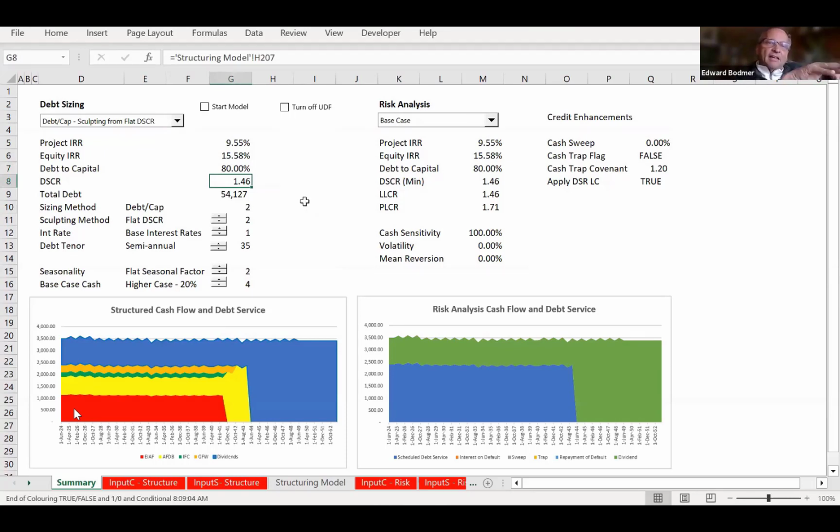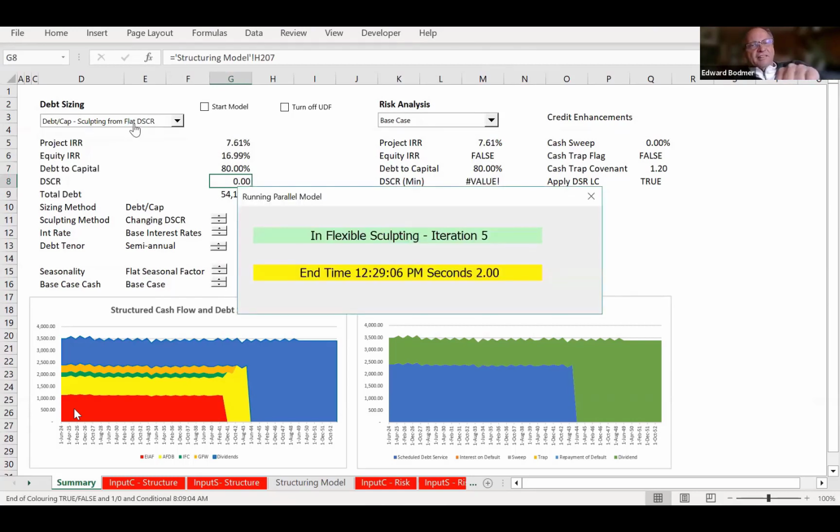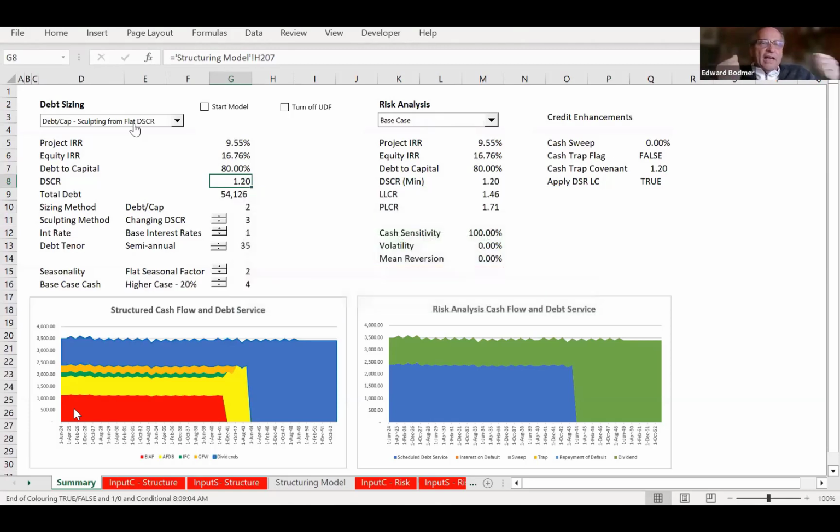The bank might have said, oh, I'm good with 1.2 times DSCR, and then a more complicated and more interesting way to sculpt the debt is to notice that there are a couple of more iterations this time. The model is doing some mathematics and going through a goal-seek process.